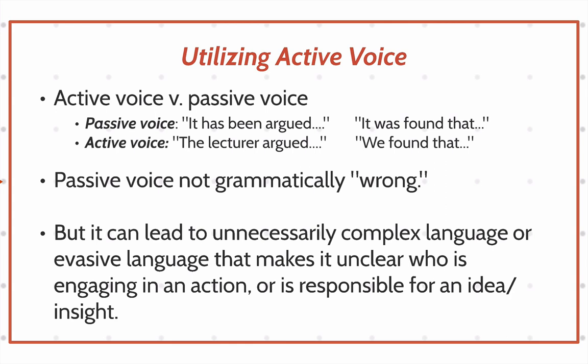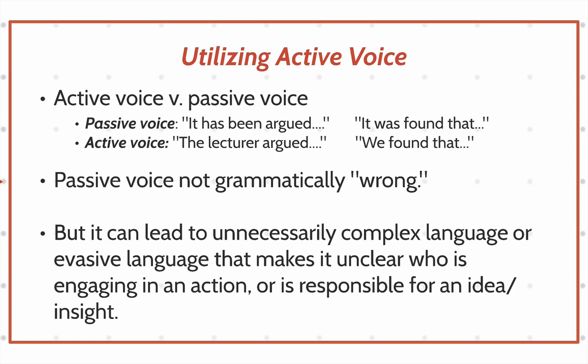Instead of making the idea the subject of the sentence, you make an individual the subject of a sentence. It was found that versus we found that. You're assigning ownership to the action. Passive voice tends not to do that. And there are some instances in which that's appropriate, right?